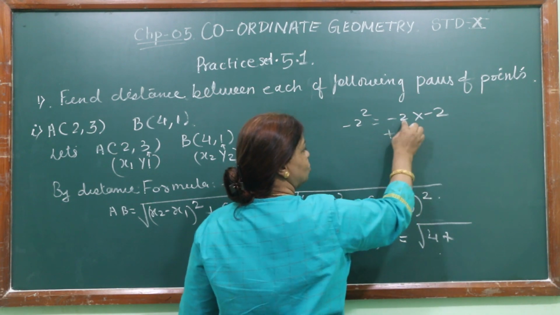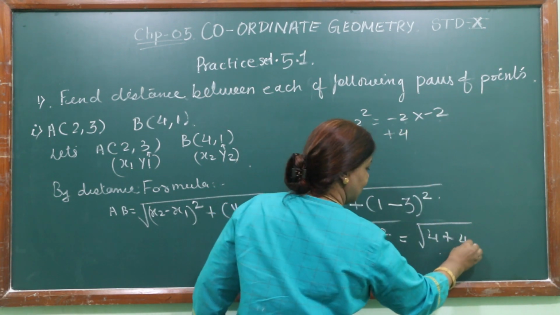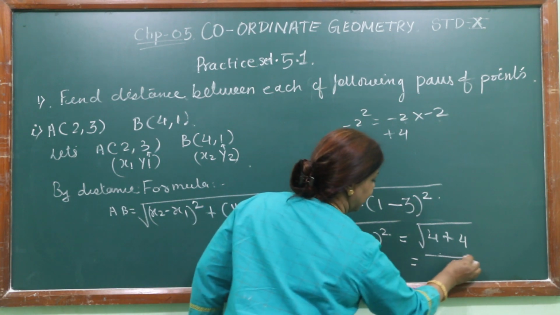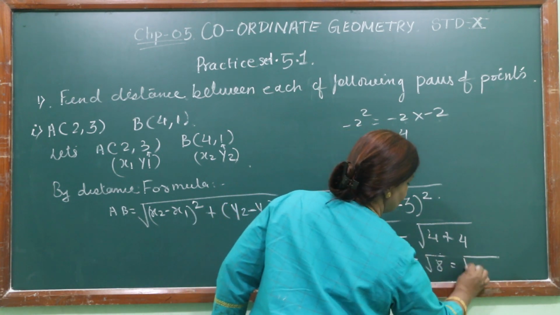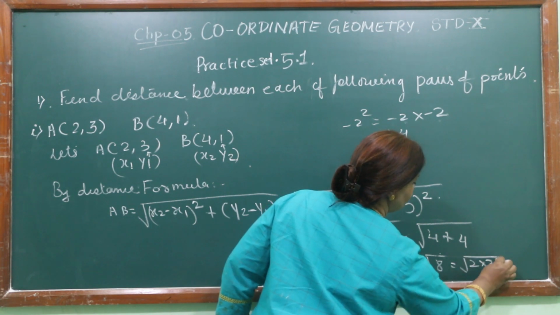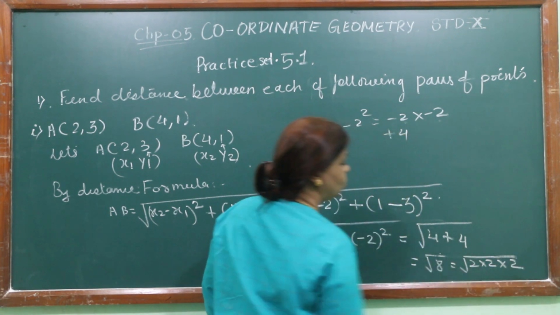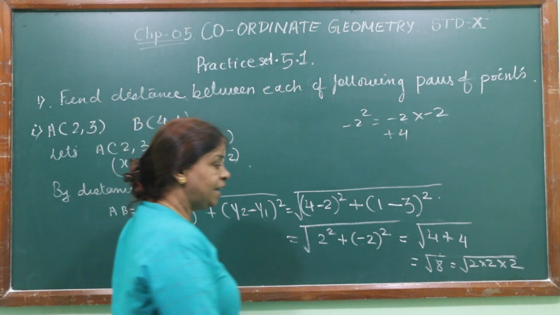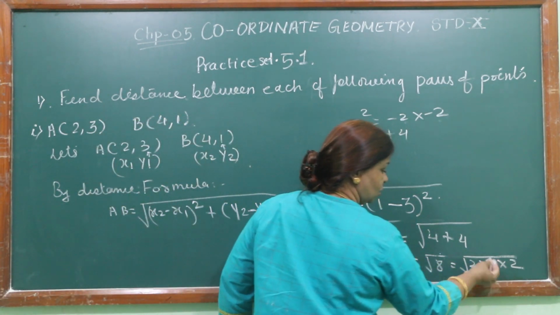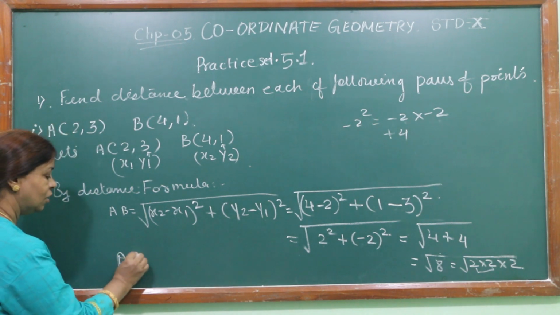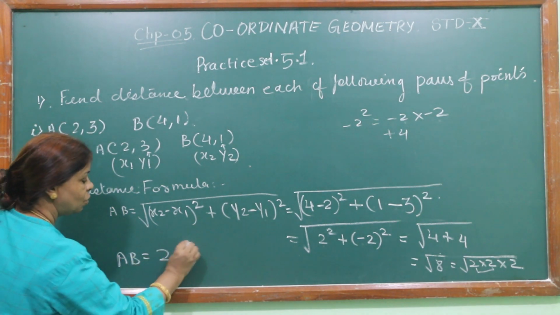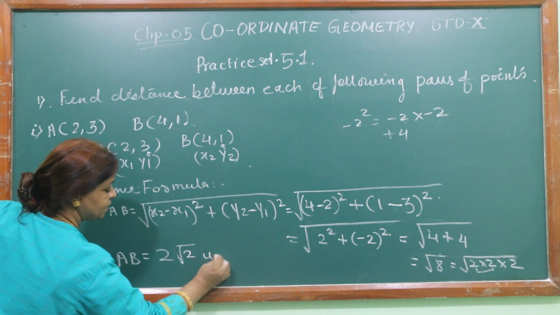Minus minus plus, 2 to the 4. So again we will get 4. That would be 8. 8 can be written as 2 into 2 into 2. And 2 is 2 times, so 1 time it will come out. So we will get AB is equal to 2 root 2 units.